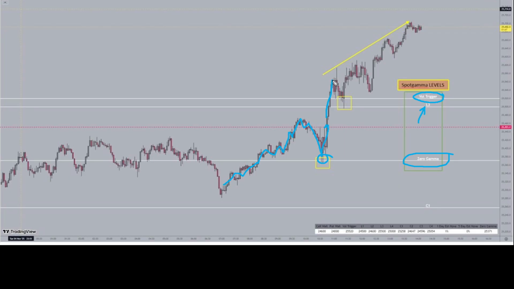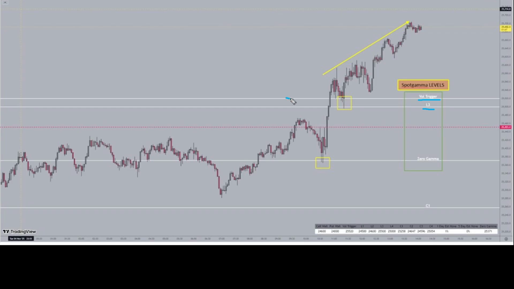Price broke and made a pullback here and retests the two GEX levels. One of these is L3 and the volatility trigger. Think as a contrarian. What's a contrarian?